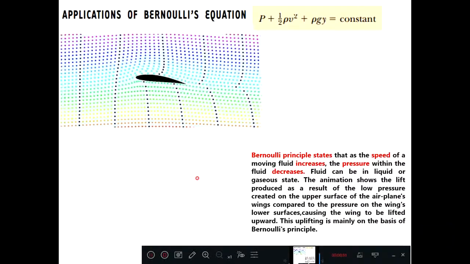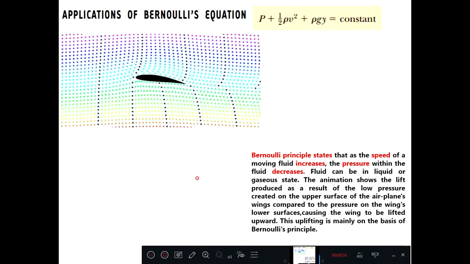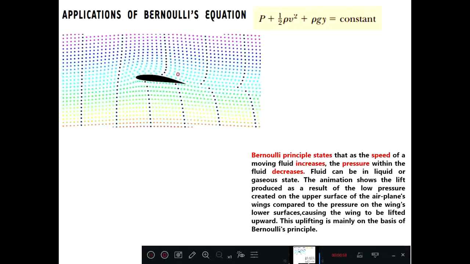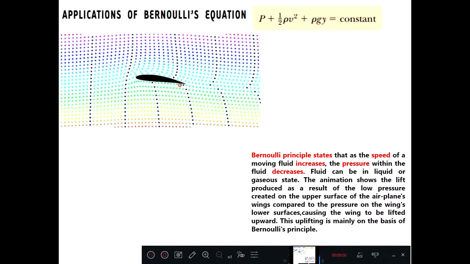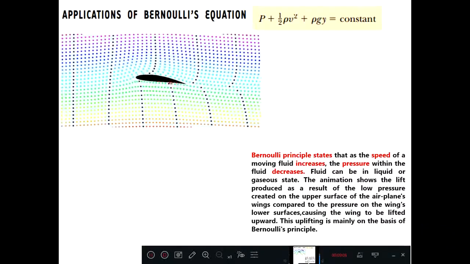This uplifting is mainly on the basis of Bernoulli's principle. So in this animated picture, this is the aeroplane, which is moving in the air. Okay, so there will be air resistance.